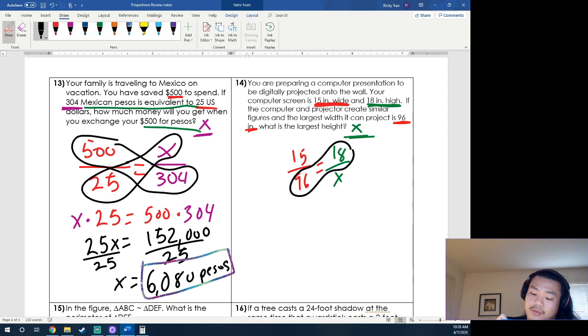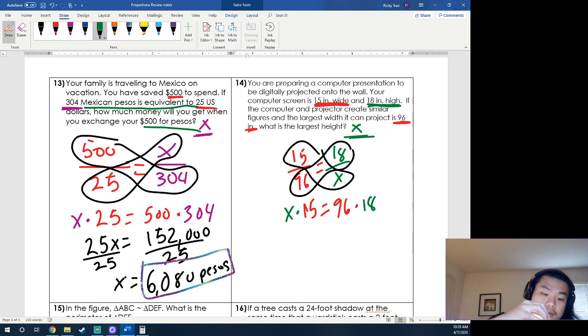Again, just going to cross multiply from here. So we have X times 15, which is equal to 96 times 18.